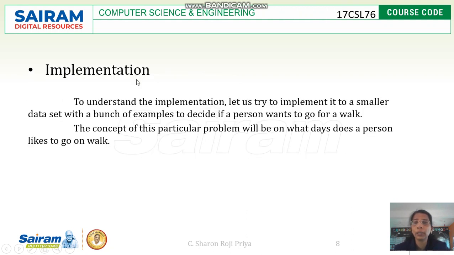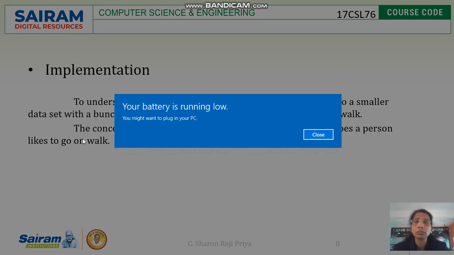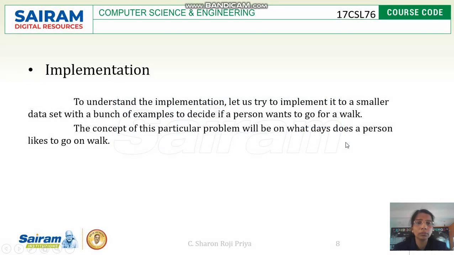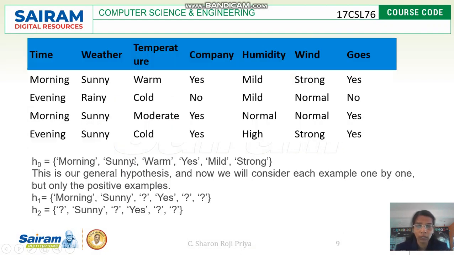Coming to the implementation part, I have taken a smaller data set to decide if a person wants to go for a walk or not. What is the concept? The feature of this particular problem will be, on what days does a person like to go on a walk?